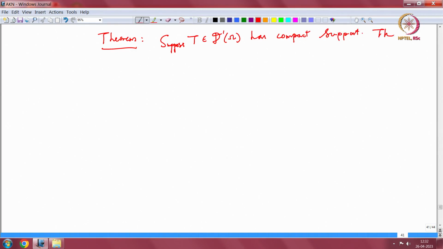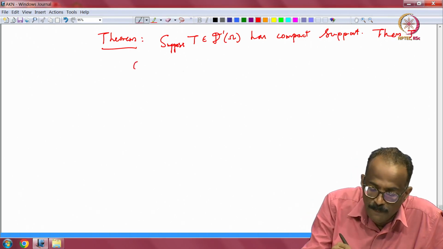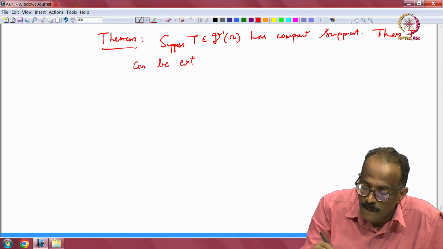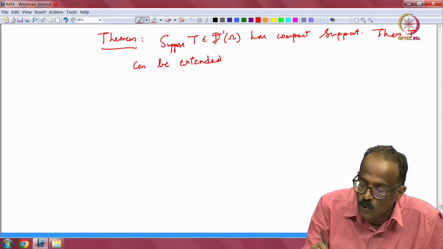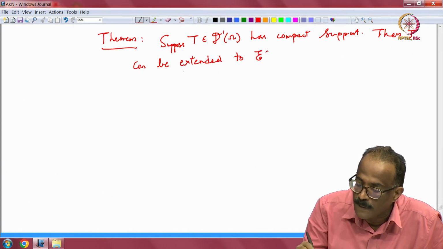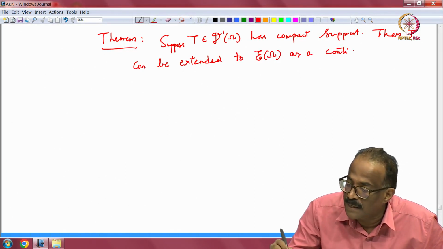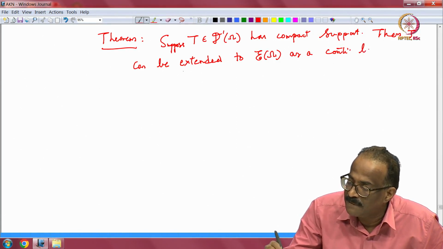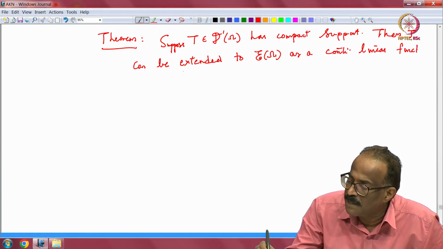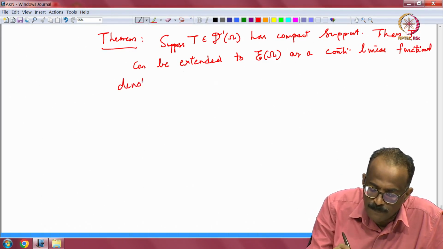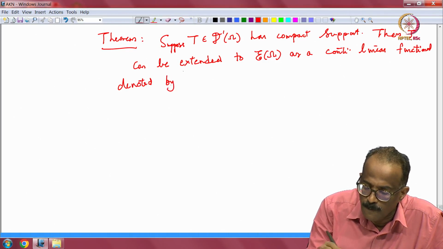Then T can be extended to E omega as a continuous linear functional, first denoted by T tilde.